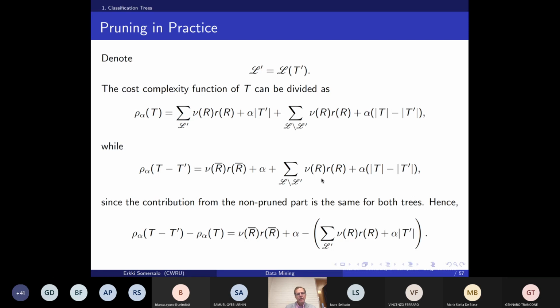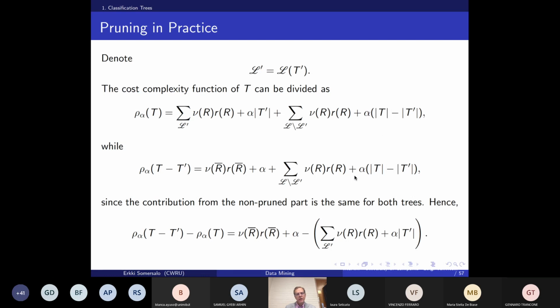And then I have the misclassification rate of the remaining leaves, which are already in the old tree but not this R bar, so it is here. And then I have the number of leaves that were left from the original tree when I cut off the branch.